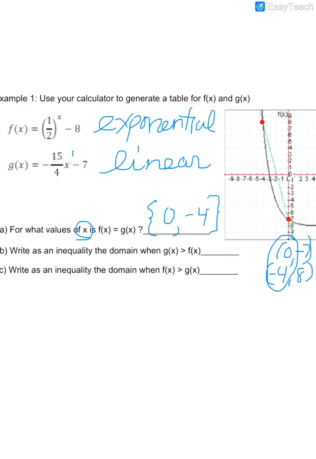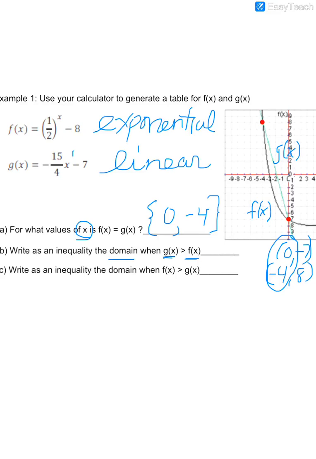Write as an inequality the domain for when g of x is greater than f of x. Okay, so g of x is the line. That's this guy right here. F of x is my exponential function.